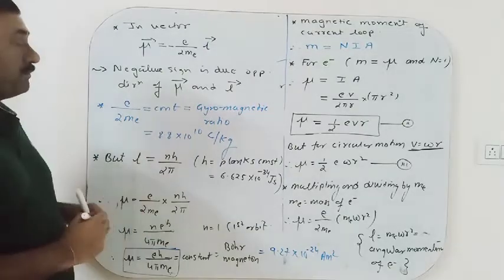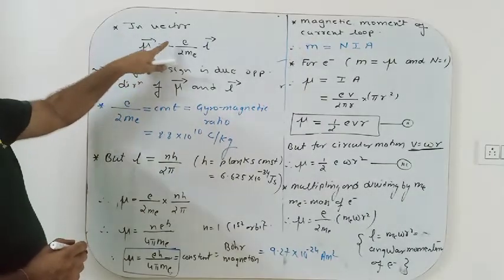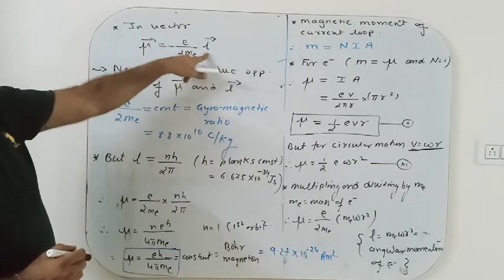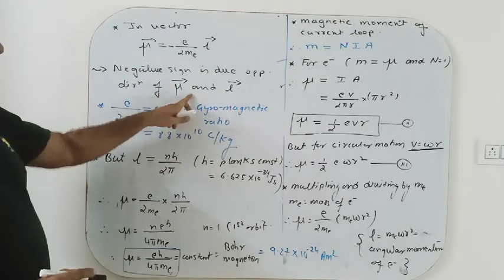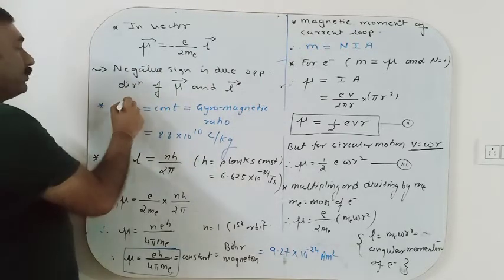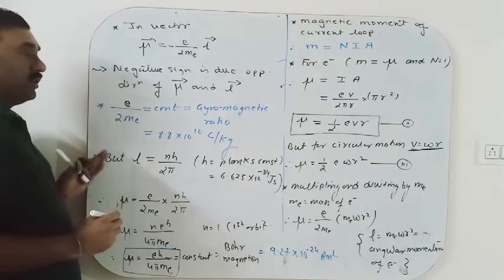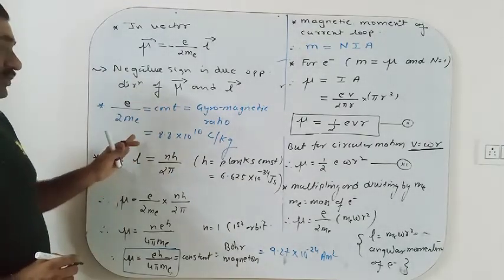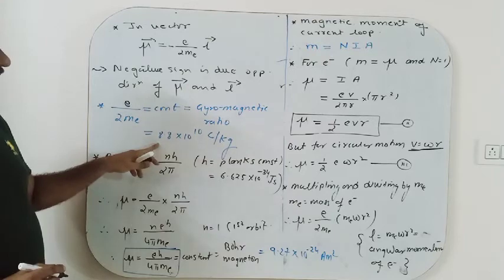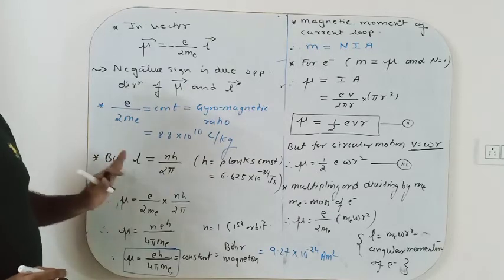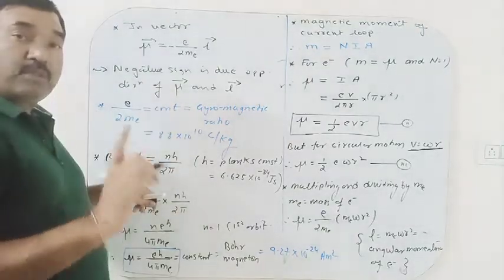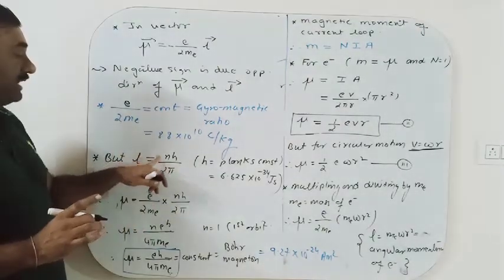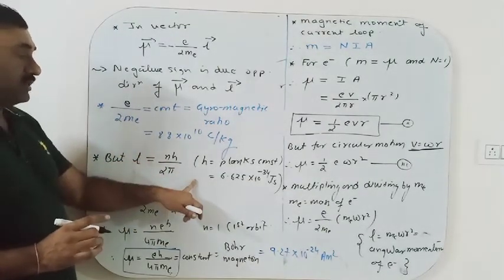Once again, in vector form mu is equal to minus E upon 2me into L. The negative sign is due to the opposite direction of mu and L. Here E by 2m is a constant known as the gyromagnetic ratio, and its value is 8.8 into 10 raised to 10 coulomb per kg. From Planck's hypothesis and Bohr's angular momentum, L is equal to NH upon 2 pi, where H is the Planck's constant.